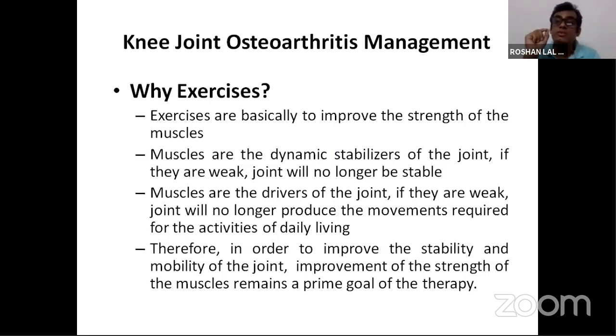If the joint is not stable, the joint will not perform its functions. The individual can stand, but not for a long time. To perform the functions smoothly, efficiently, and effectively, the joint has to be stable. And so to provide stability to the knee joint, we have to strengthen the muscles.